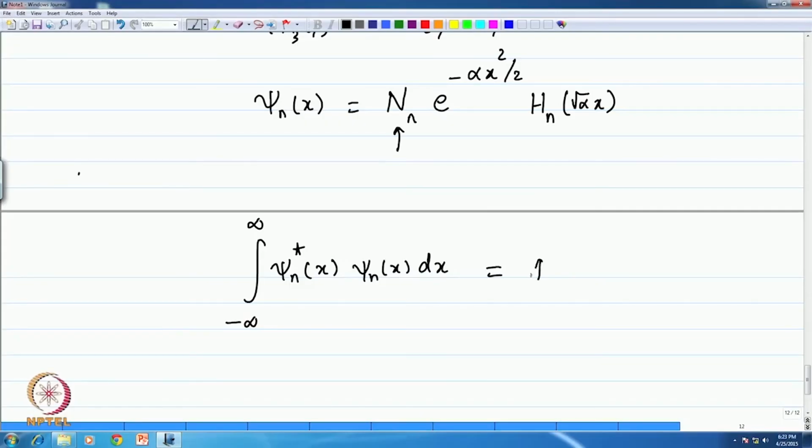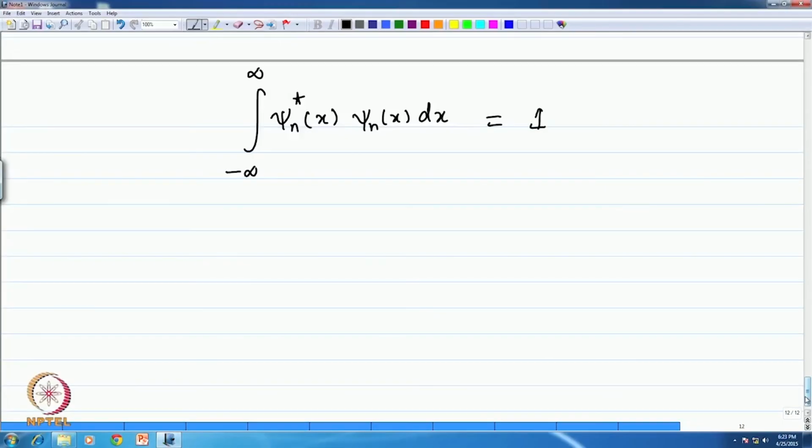And if we take this theoretical limit that x can go all the way to minus infinity and to plus infinity, then the normalization constant can be obtained from this condition, namely the integral of psi n star of x psi n of x dx is 1.